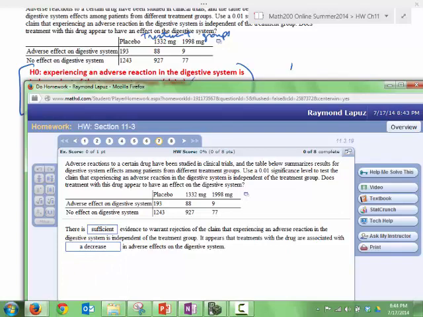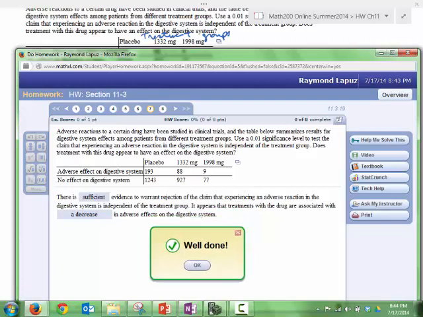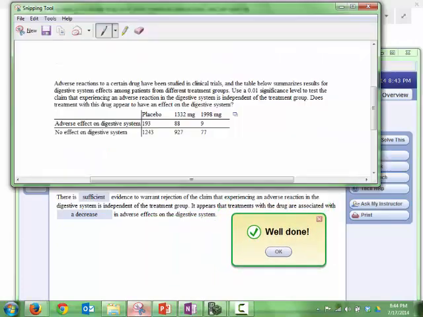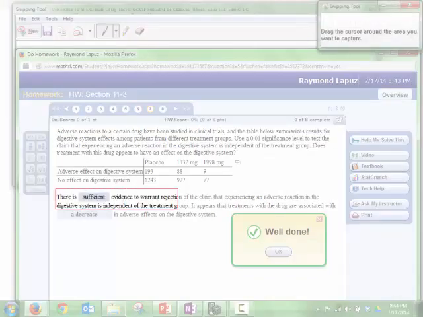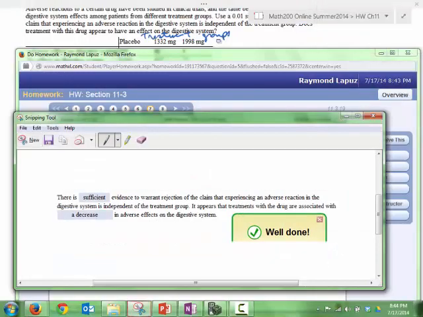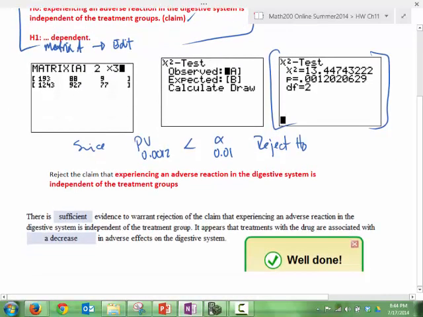So let's try the decrease. Well done. So it looks like there's a decrease based on our increasing.